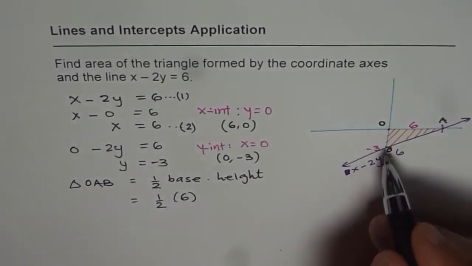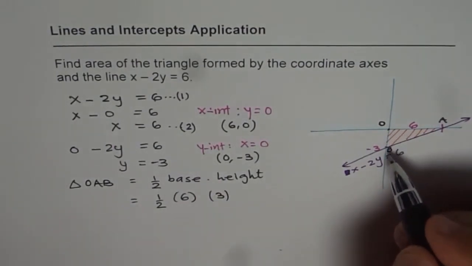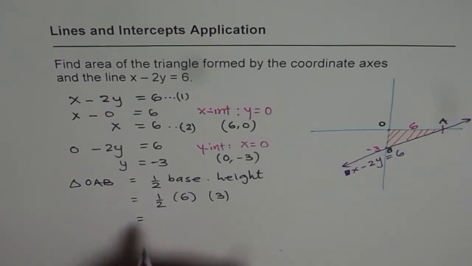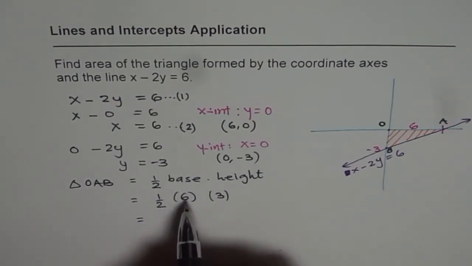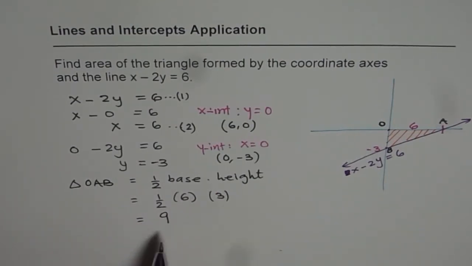And the height is 3. Remember, we are taking height as a distance, which is always positive. Area is a positive quantity, right? So always take positive values. Half of 6 is 3 and 3 times 3 is 9. Correct? So that is the area.